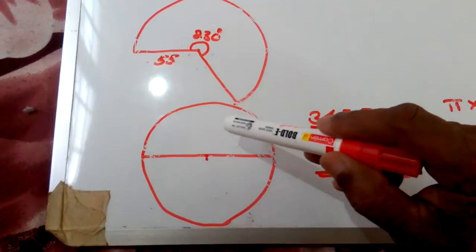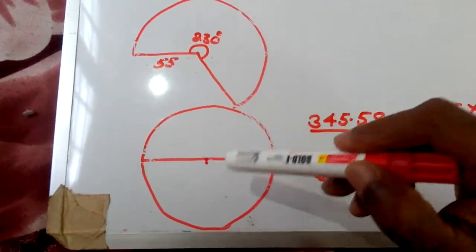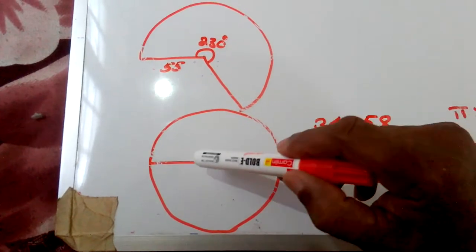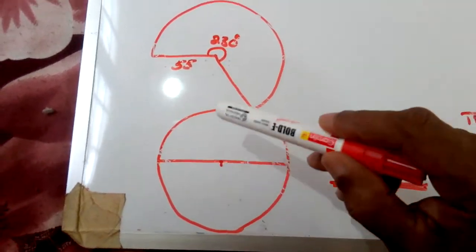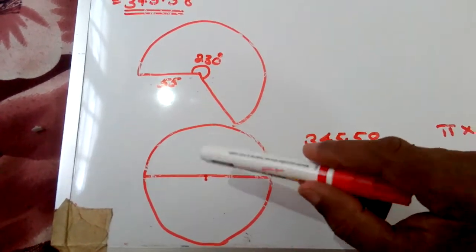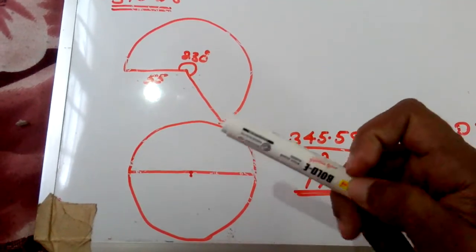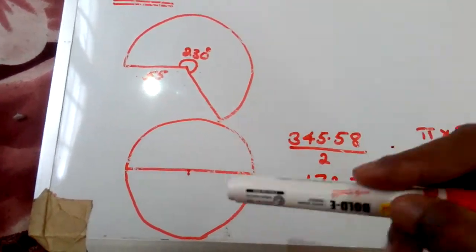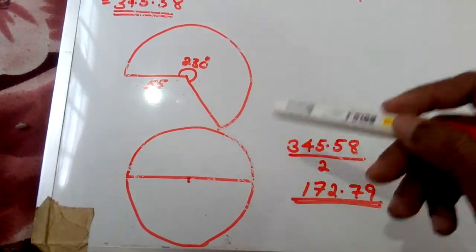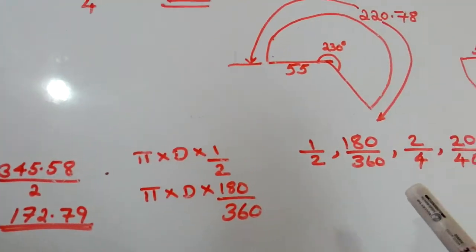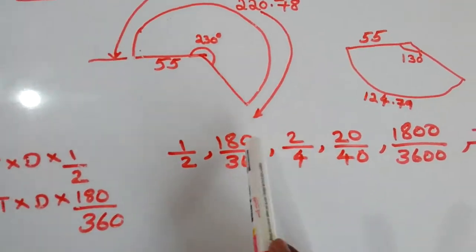If we use the formula, instead of 1 by 2, we can say 180 by 360. 1 by 2 means half of the 2. 180 by 360 also means half of 360.